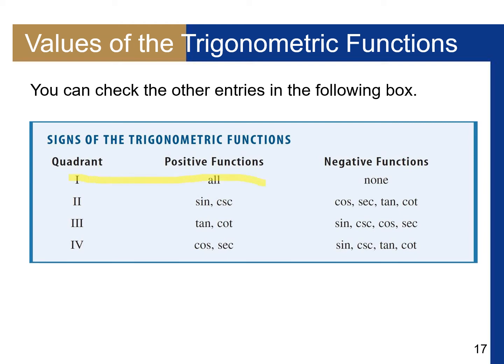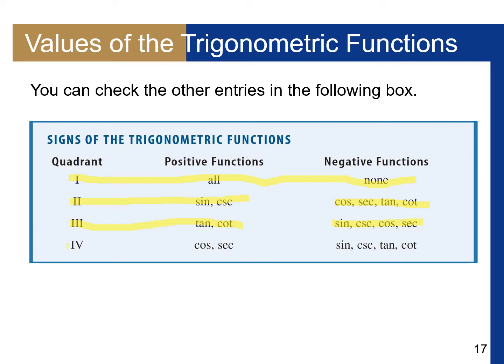In quadrant 1, everything's positive, nothing's negative. In quadrant 2, my y values are positive, so my sine and cosecant will be positive, and my x values are negative. So anything that has an x value in it one time would be negative. That's cosine, secant, tangent, and cotangent. In quadrant 3, I have a negative over a negative when I have tangent and cotangent, and I have one negative for cosecant, sine, cosine, and secant.